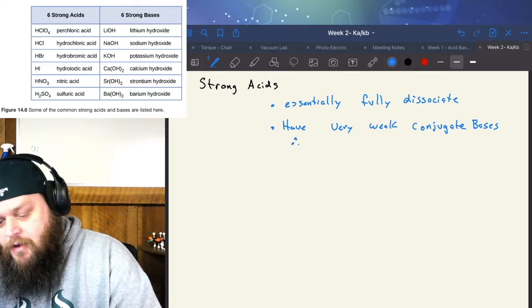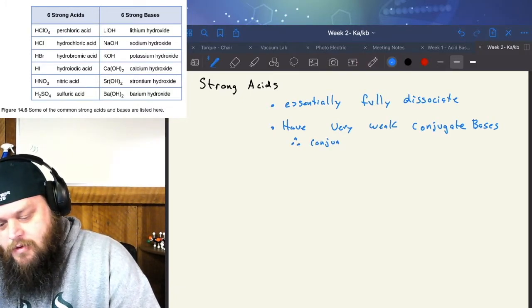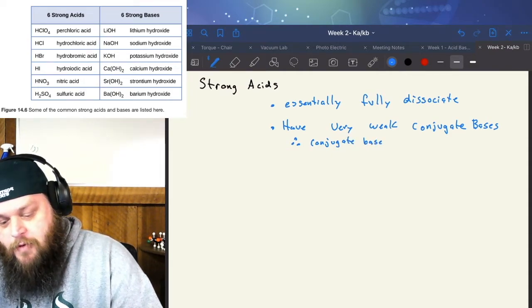Therefore, to make a weak conjugate base, that means the conjugate base is incredibly stable.